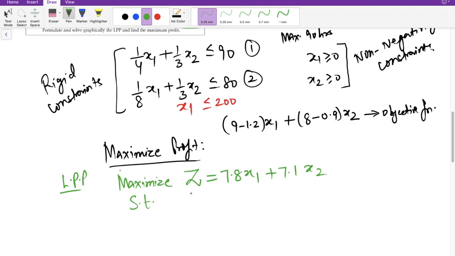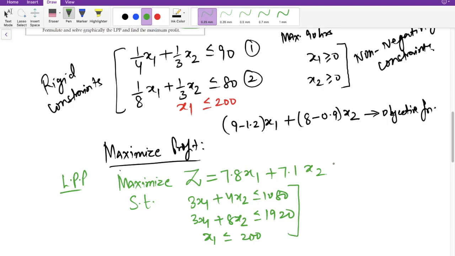What's your first condition? It is 3x1 plus 4x2 less than or equal to 1080, and then you get 3x1 plus 8x2 less than or equal to 1920. x1 is less than or equal to 200. So this is your 1, this is your 2, this is your 3, and then come the non-negativity conditions or non-negativity restrictions.